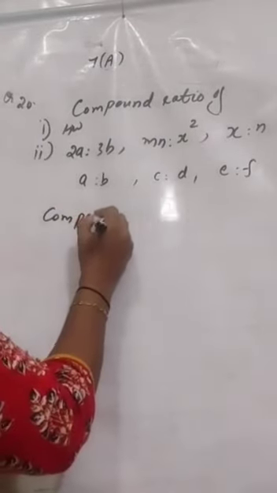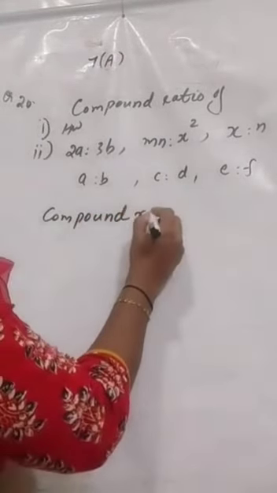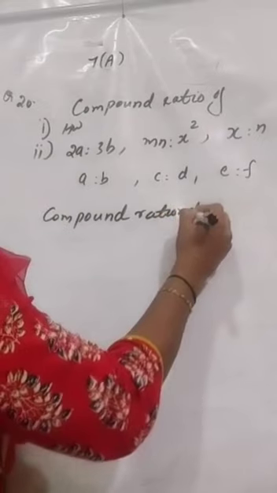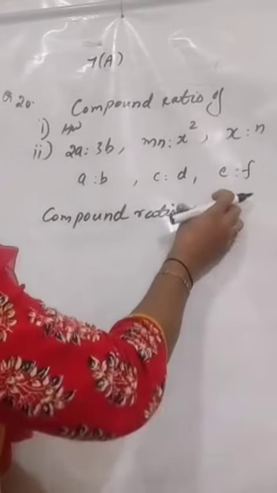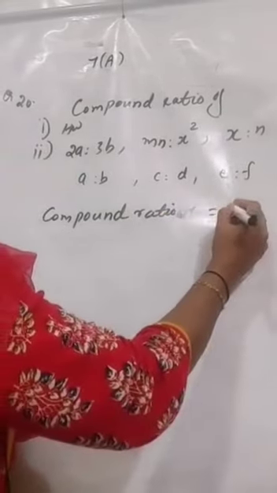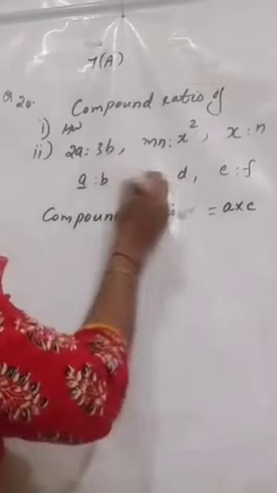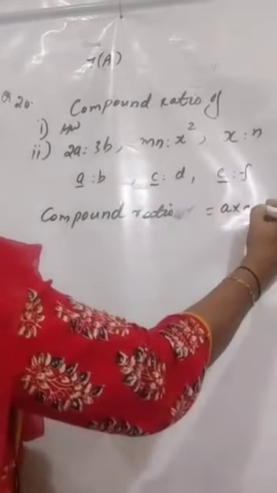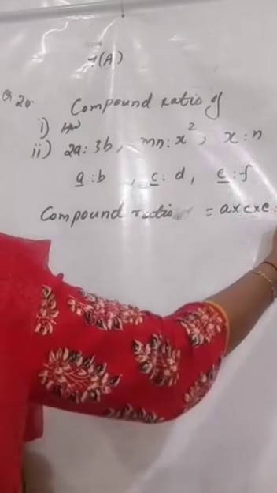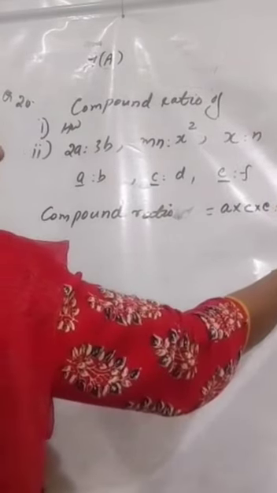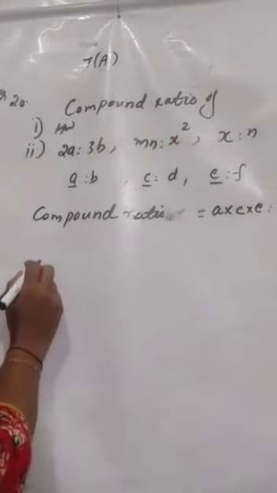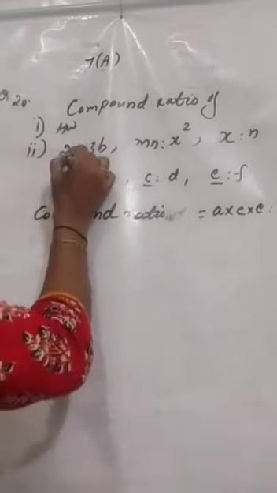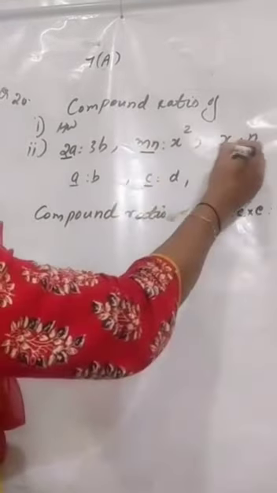Compound ratio can be found by a into c into e is to b into d into f. You have to multiply these first terms, and then the second terms. We can substitute like this. Here the first terms are 2a, mn and x.